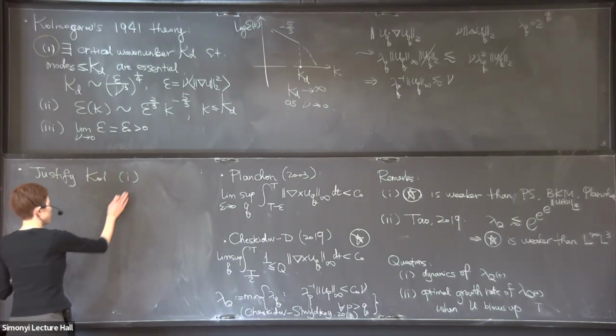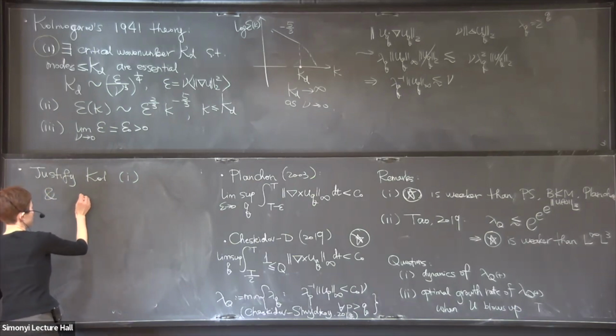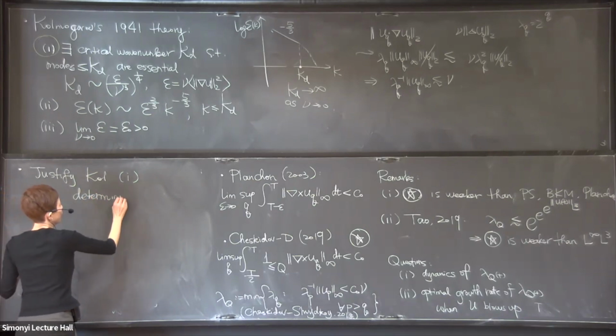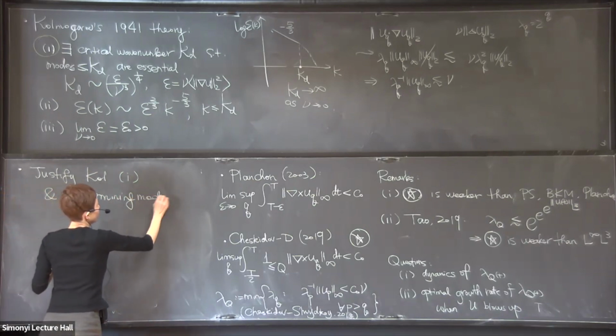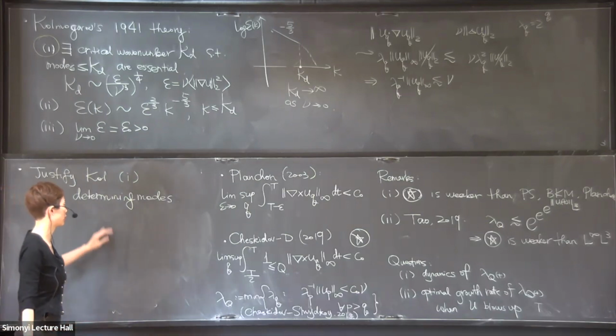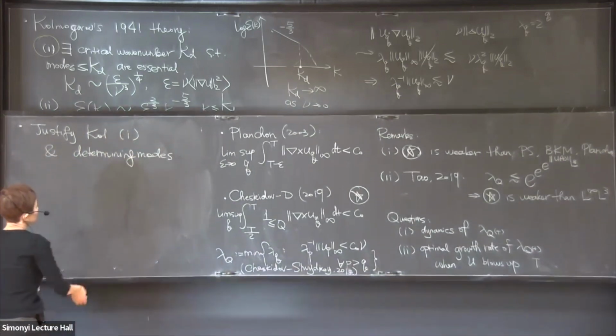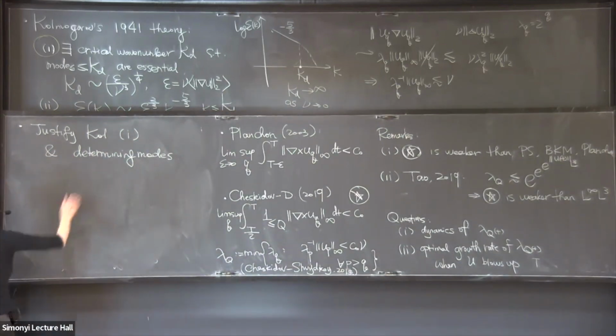It's closely related to another classic topic here, determining modes, which is related to the topic of finite dimensionality of the global attractor and the number of degrees of freedom of flows. So some background on the topic of determining modes. The study was initiated by Foias and Prodi.